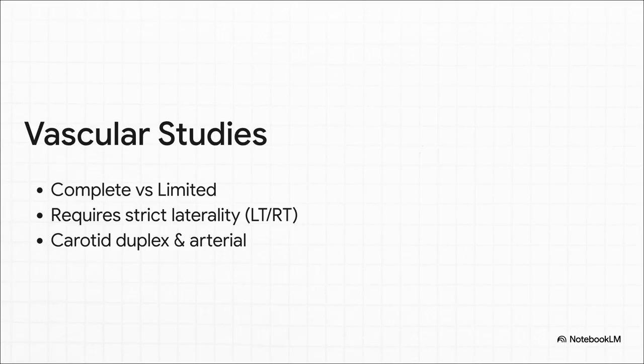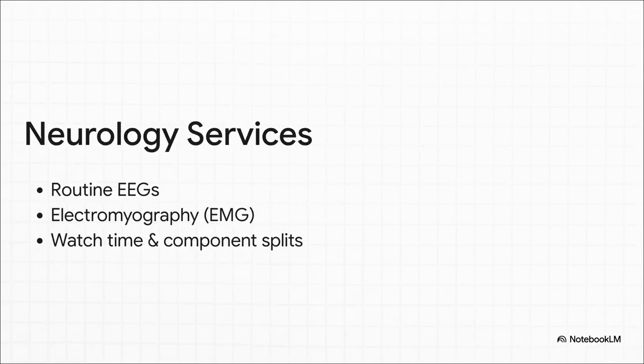Second, these codes demand strict laterality, so your left and right modifiers are going to be your best friends here. Finally, for neurology and neuromuscular services, think routine EEGs or EMGs, the logic actually circles right back to what we just talked about. These rely heavily on precise time thresholds and component splits, just like those EKG codes. So always verify in the documentation whether you're billing for the technical performance of the test, the physician's professional interpretation, or the whole global service.